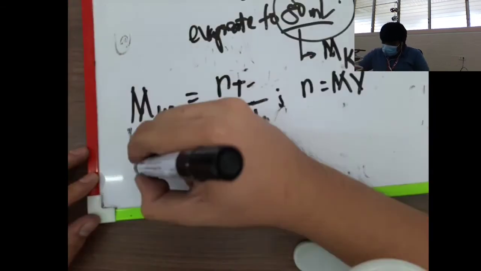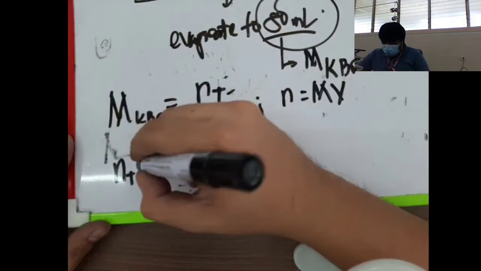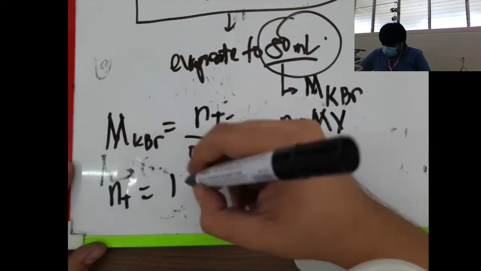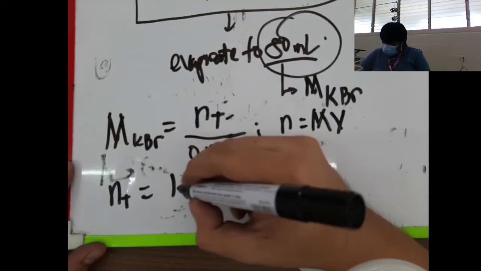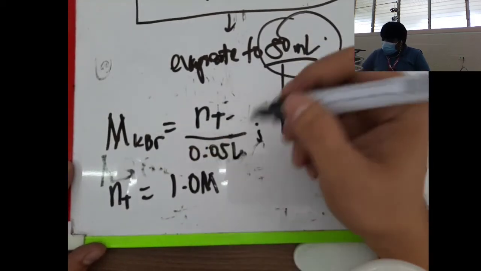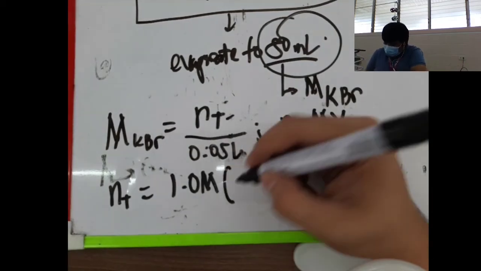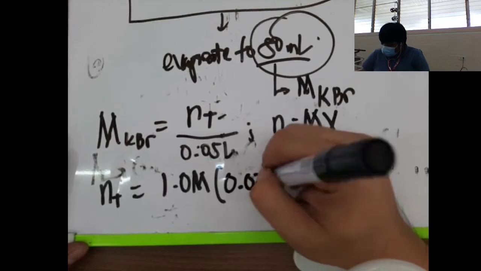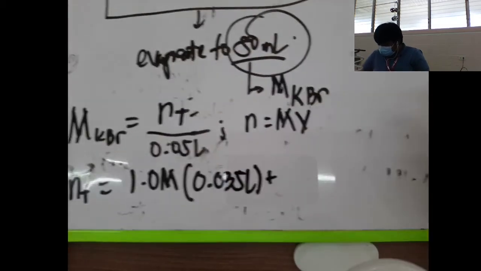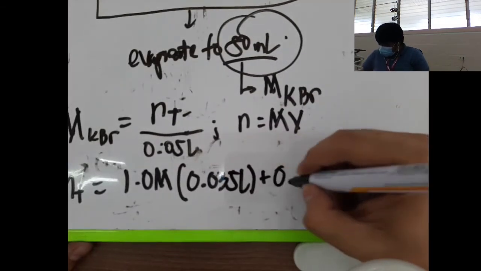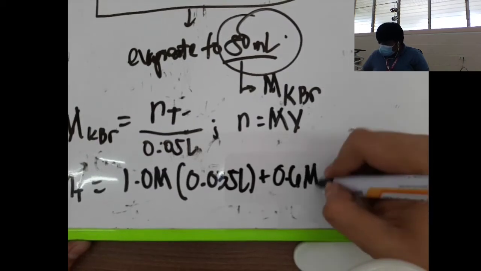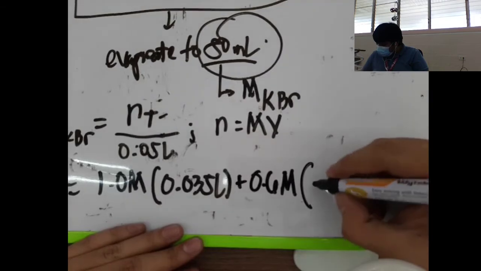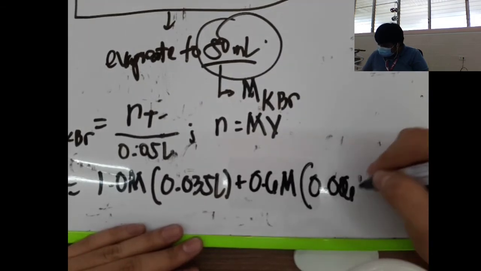So the total number of moles is equal to 1 molar of your potassium bromide solution multiplied by its volume, which is 35 ml converted to liters, 0.035 liters, plus the molarity of your 0.6 molar KBr solution multiplied by its volume at 0.06 liters.